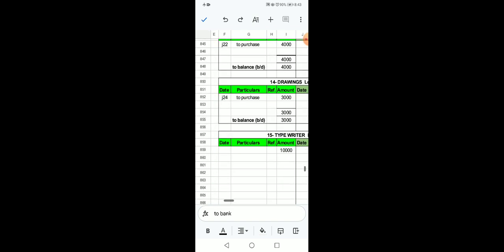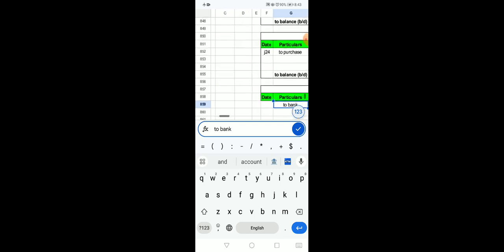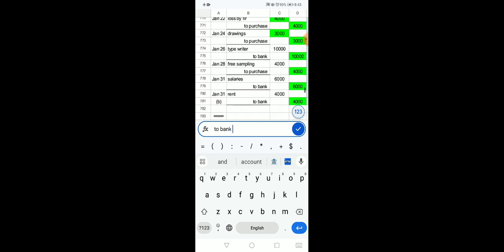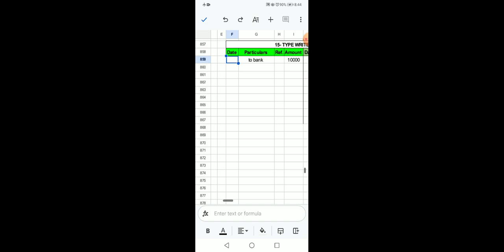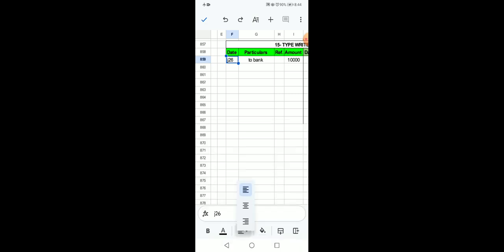So you are going to write over here "To bank." Put the date. What was the date for this typewriter? January 26. All right, put the date over here, January 26 in the date column. This way the posting for January 26 is completed.